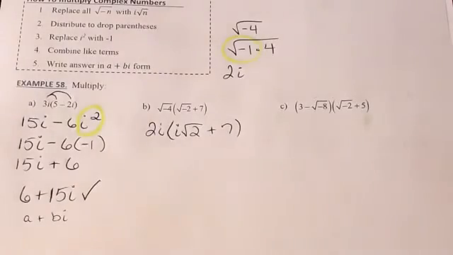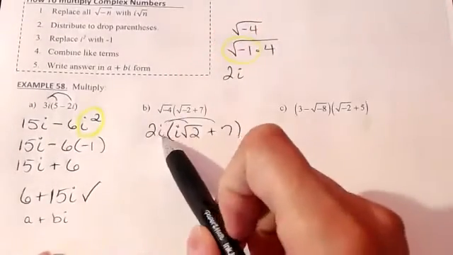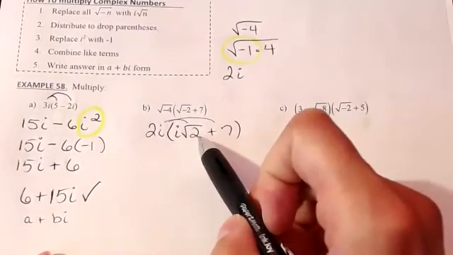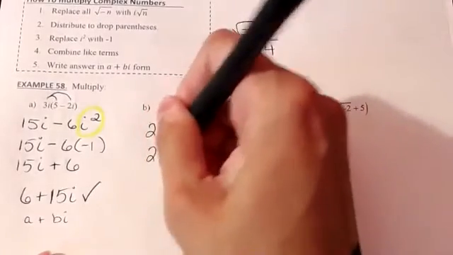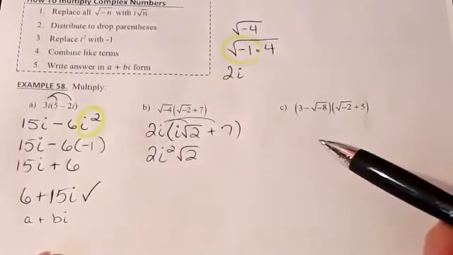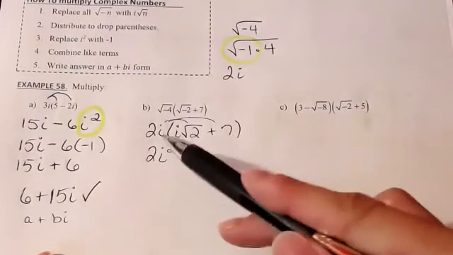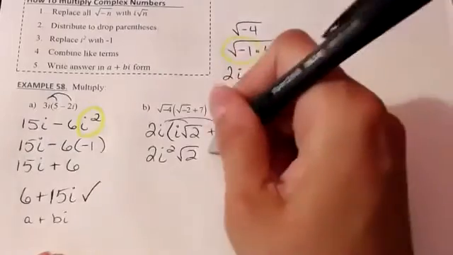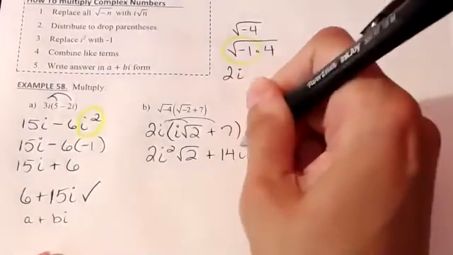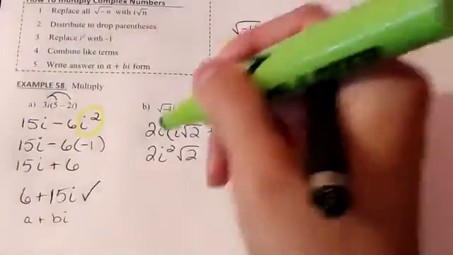Now we're allowed to distribute. 2i times i square root of 2 is going to be 2i squared square root of 2. You're just putting it together. And then 2i times +7 is +14i. We see that we have an i squared.